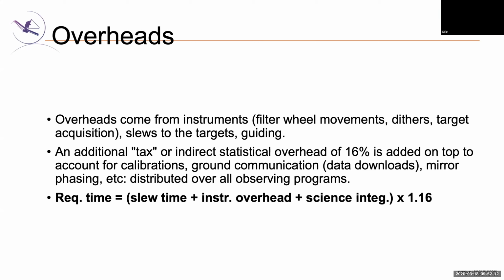All of that was estimated to be about 16% over the life of the telescope, and that's what you're charged. And so the requested time in your proposal will be the slew time plus instrument overhead plus the science integration, multiplied by 1.16.